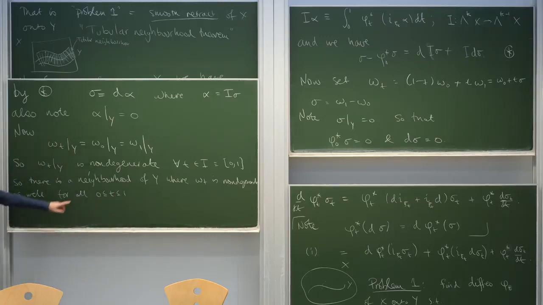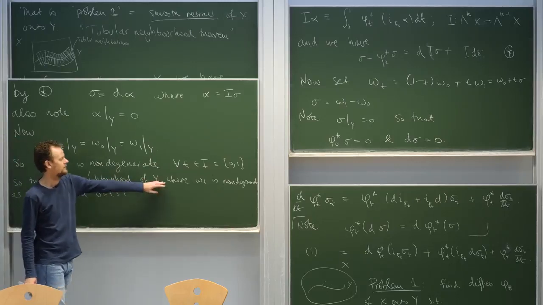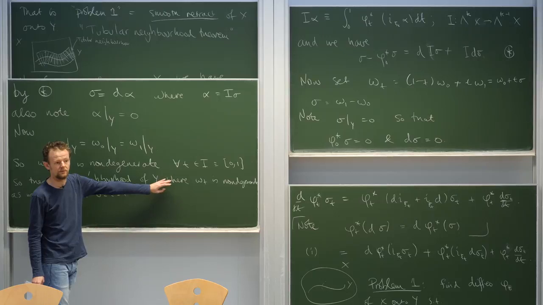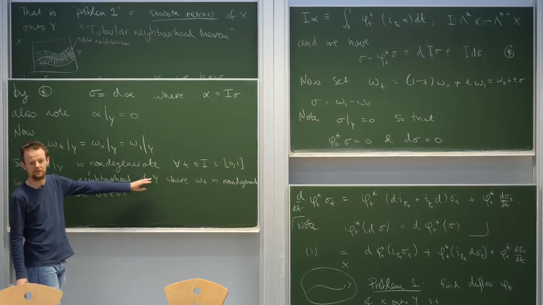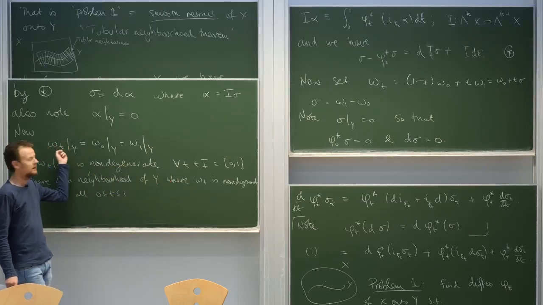And I'll just make a comment on why that's a consequence. The equation of degeneracy is a polynomial equation. So it just means that the determinant is 0, ultimately speaking, of the matrix representing omega t.